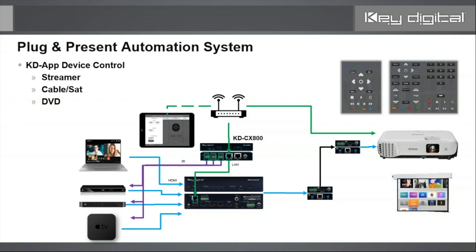We will have a drop-down menu where you could choose to add a streamer, cable box, or DVD player, and you can choose from the popular brands like Apple TV or Roku for the streamers. Cable could be Sky or perhaps DirecTV and a few other popular providers.